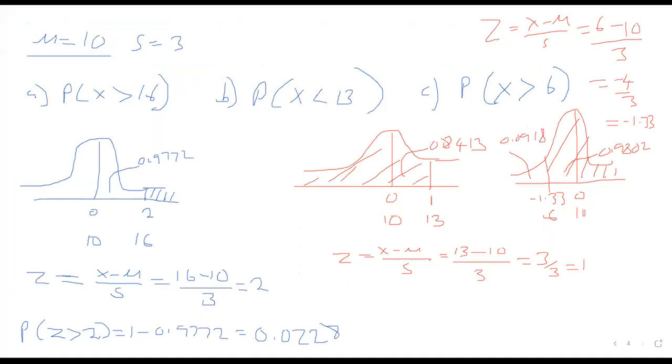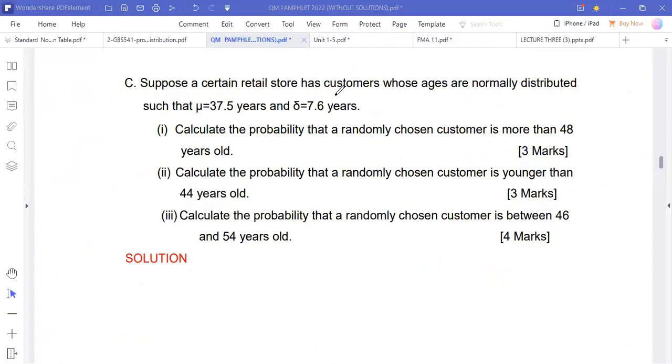Now, I want us to try the text question together. Here's a question. Suppose a certain retail store has customers whose ages are normally distributed. The mean is 37.5 and the standard deviation is 7.6.